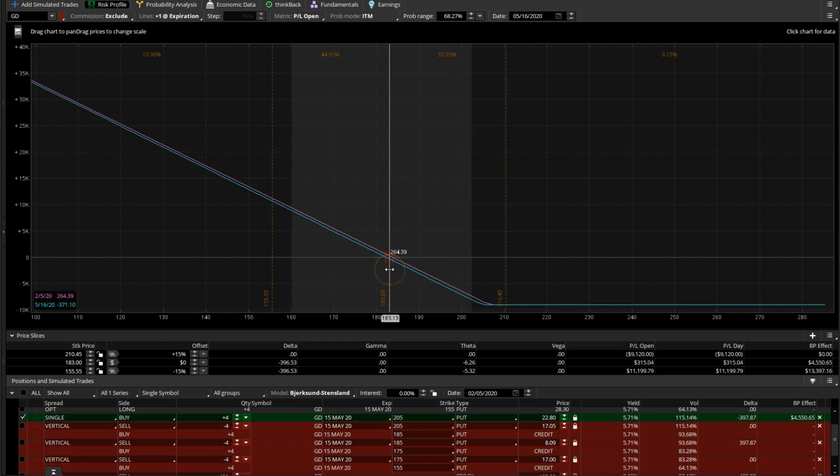So if I'm wrong and it starts to go up, let's say you have a stop loss using your favorite technical signal or whatever, or let's say you have a stop loss at 190.